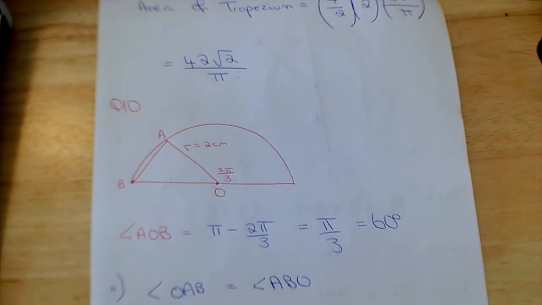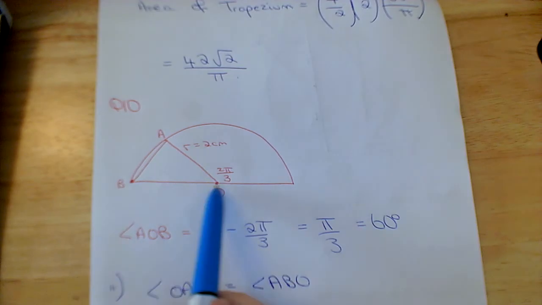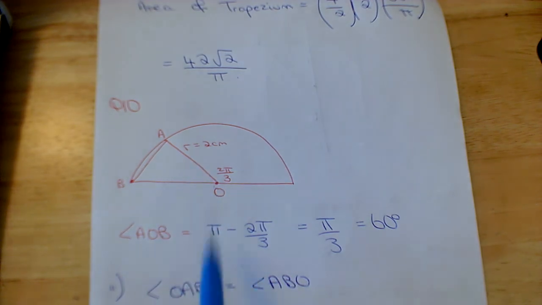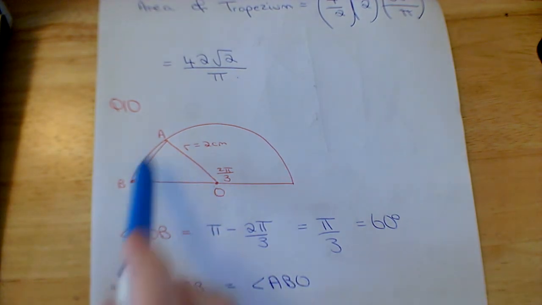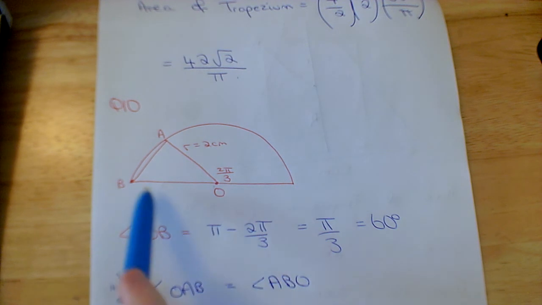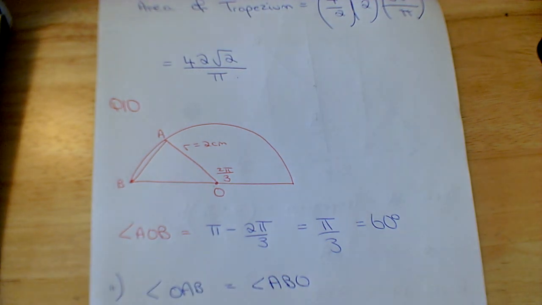So angle OAB is equal to angle ABO, because it's an isosceles triangle. So angle OAB is equal to 60 degrees, and that's equal to angle ABO.